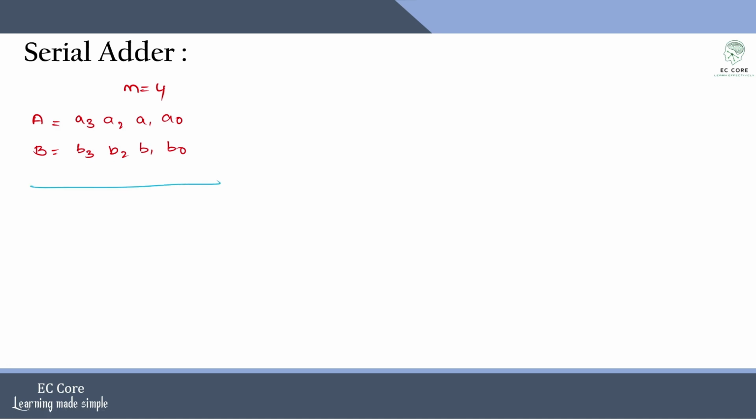Initially my carry will be 0. Here A0, B0, and my output produced will be S0, and it produces some carry C0.